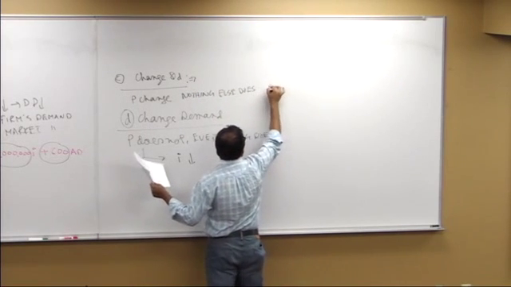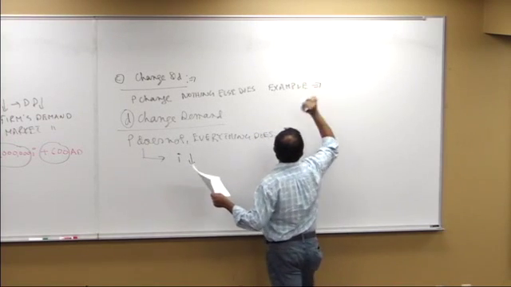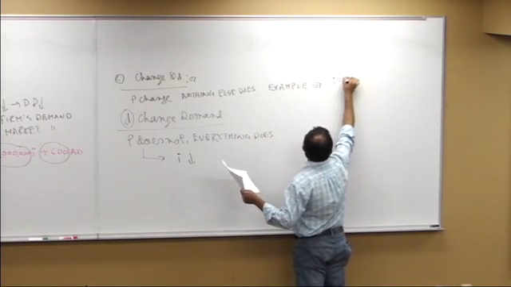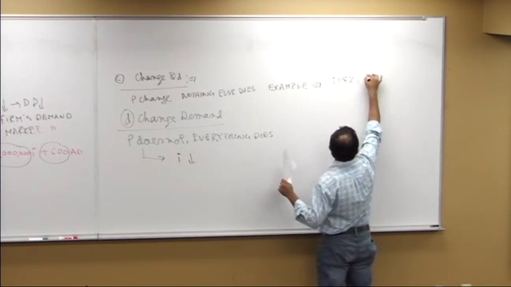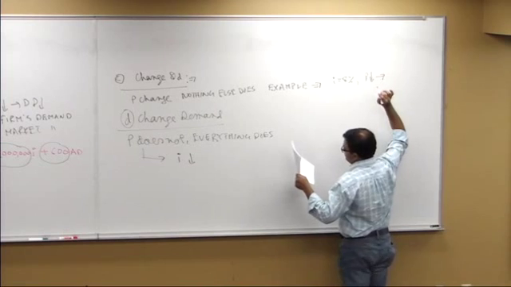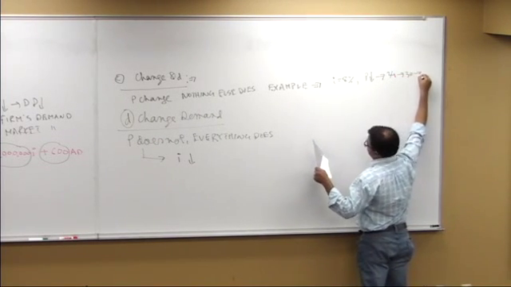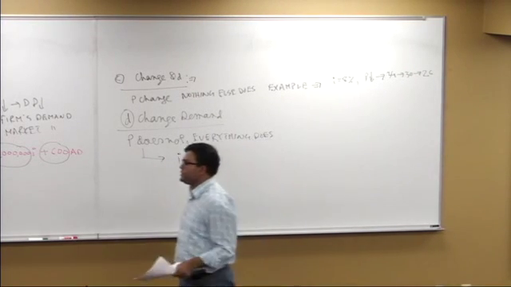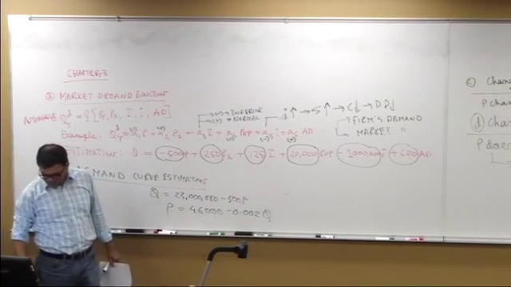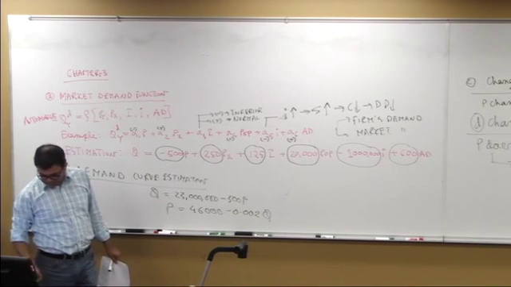As an example of this, imagine that your interest rate is 8% and the price of the product drops from 34 to 30 to 26. So nothing else changes, just your price level changes from 34 to 30 to 26.